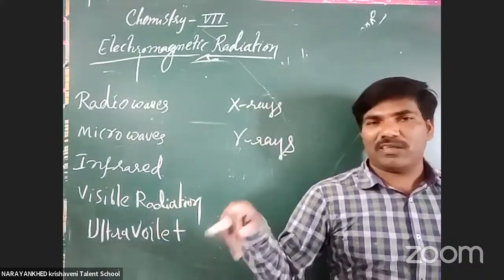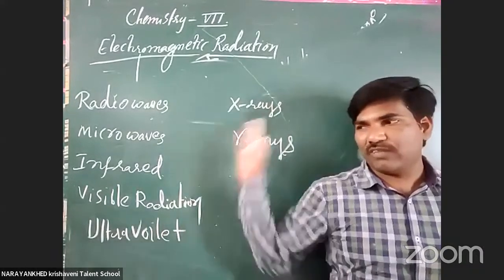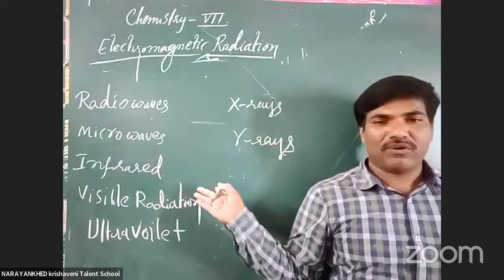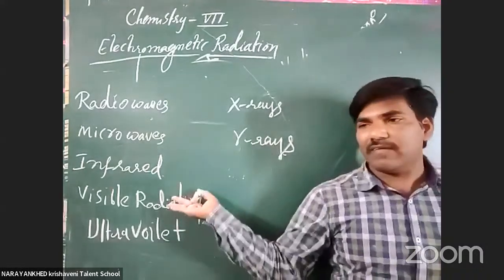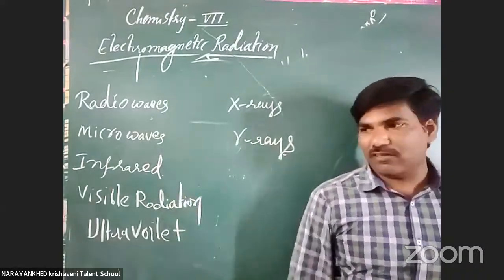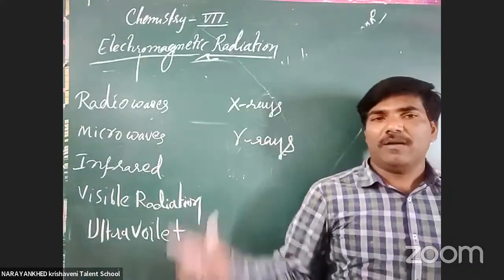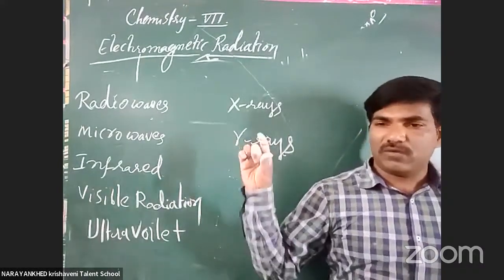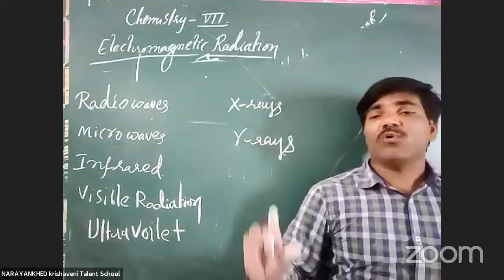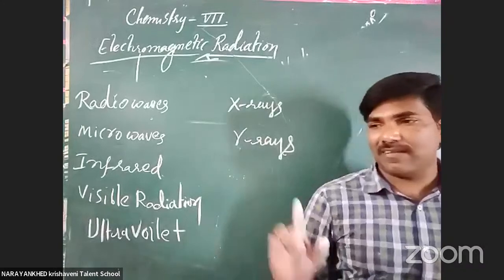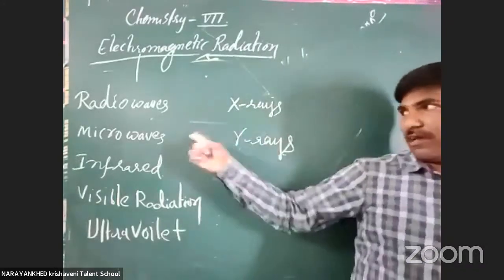That is why cancers are caused, because of all these rays. Got it or not? Some rays are utilized in our daily life, some rays may not be. What is the production of each ray, what is its wavelength, how is it useful, and how to prevent it? All these things we will discuss ray by ray.